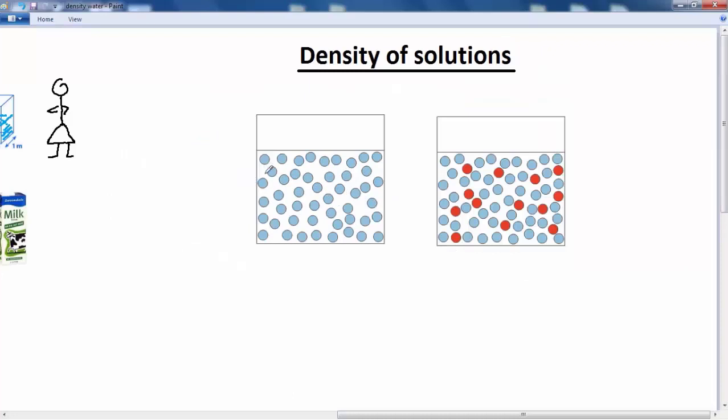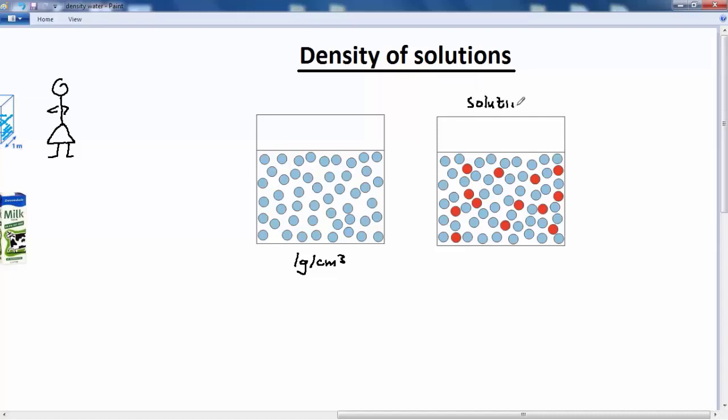Now finally, I'd just like to talk about the density of solutions. If I have pure water here, we know that the density is 1 gram per cubic centimetre. If I add salt to that solution, or sugar, or some particle that dissolves in the water, I'm going to increase the density of the water.